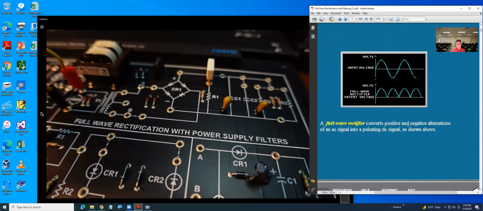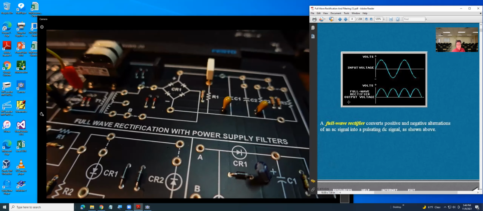You can see that is a full wave rectifier. You understand rectification, that means converting an AC signal to pulsed DC.